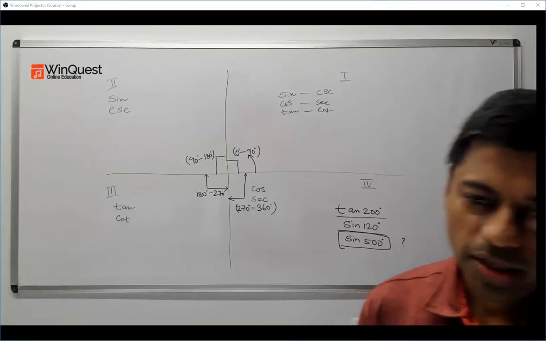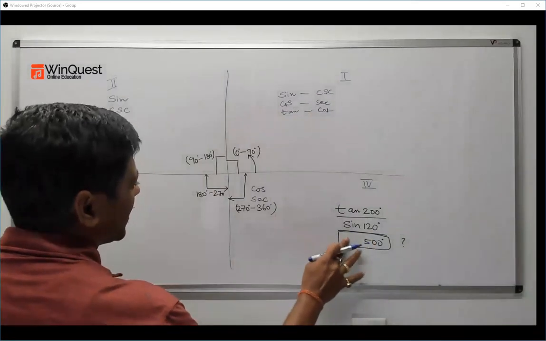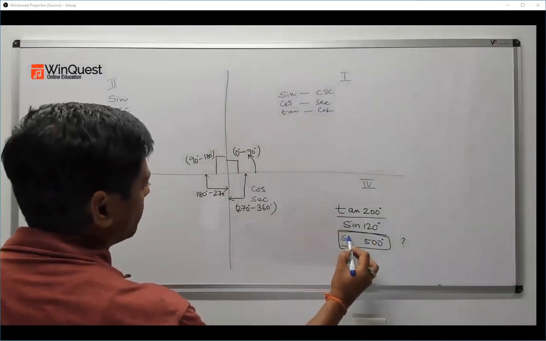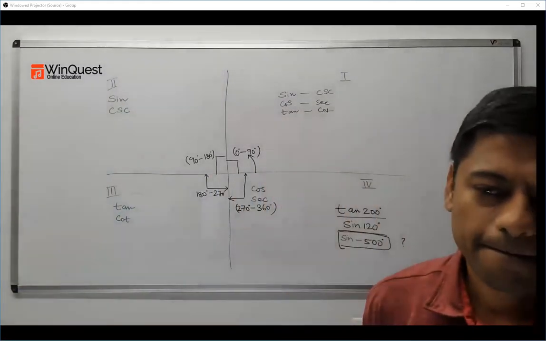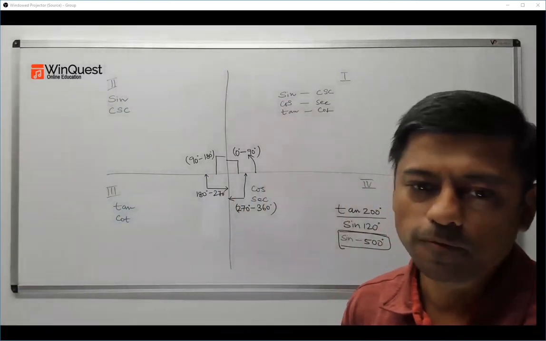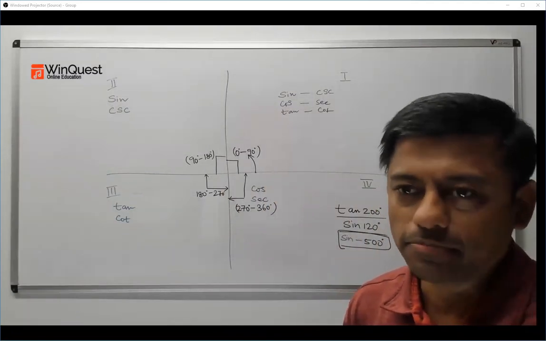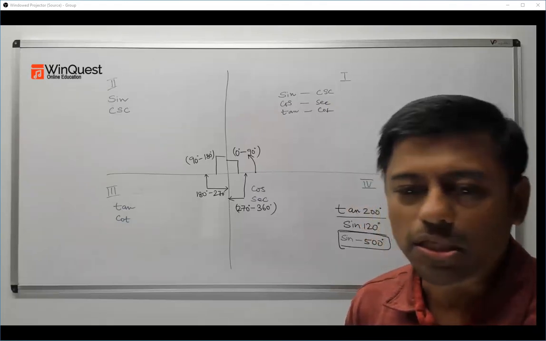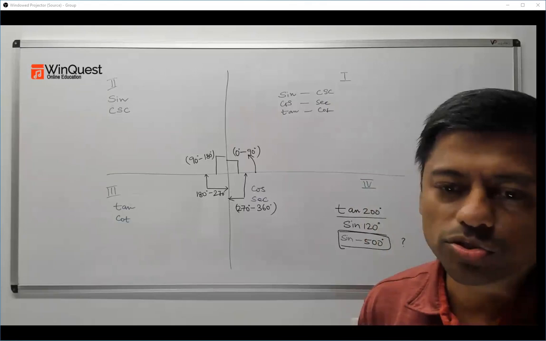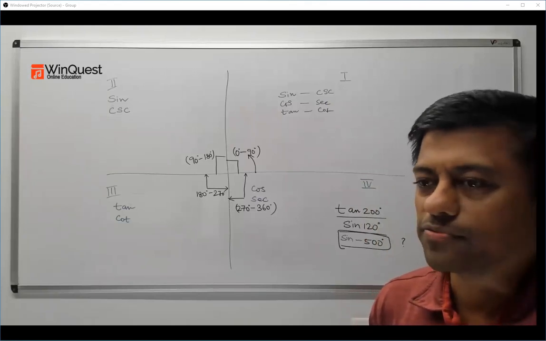Now, if I make the same sine a minus 500, what will happen? Will something change or not? I would say it would change. Any thoughts on what will happen if I change sine of 500 to sine of minus 500?